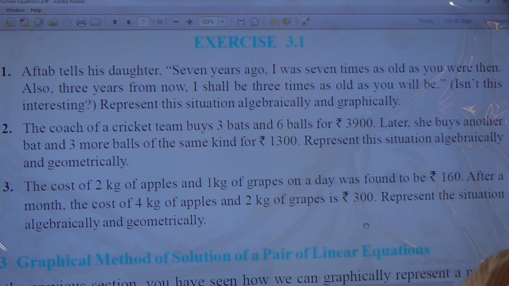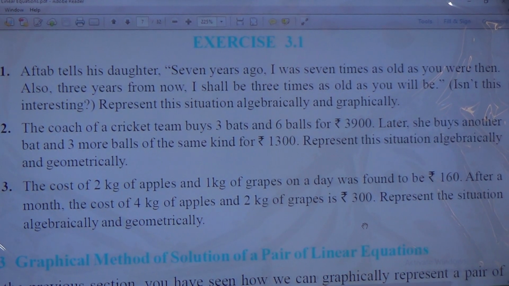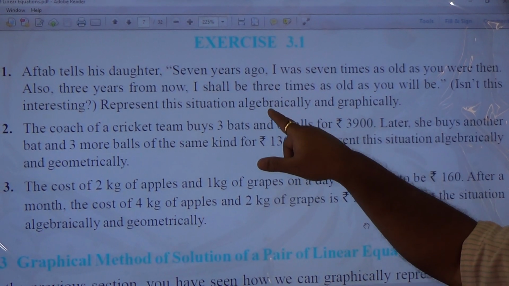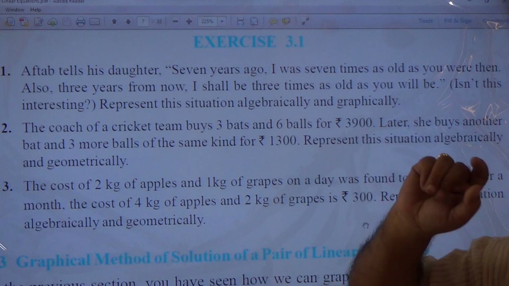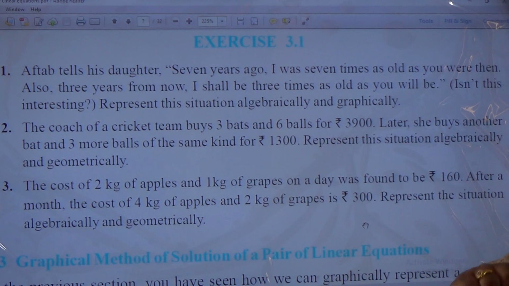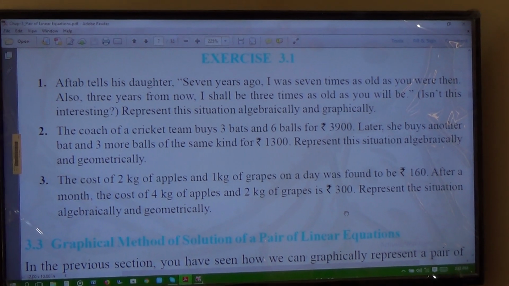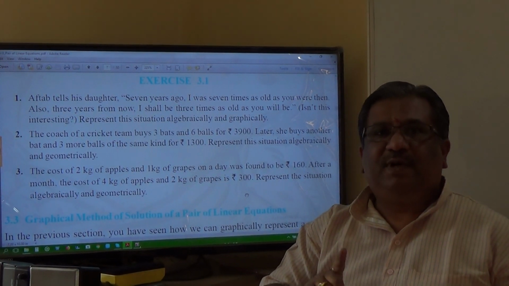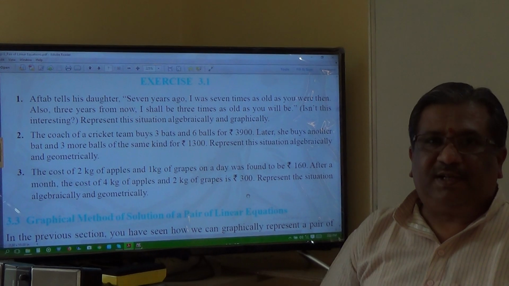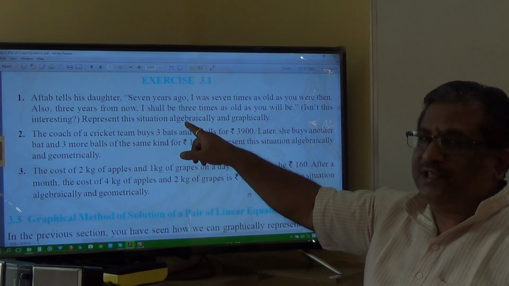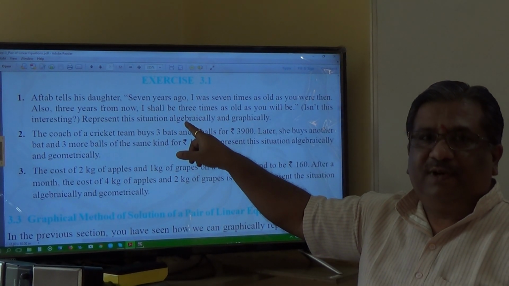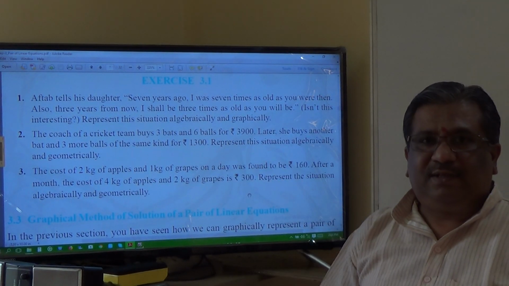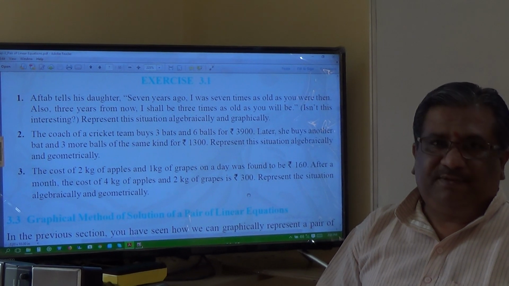Algebraic representation involves formation of algebraic expressions, that is, the formation of linear equations in two variables. Graphical representation involves plotting up of a graph.